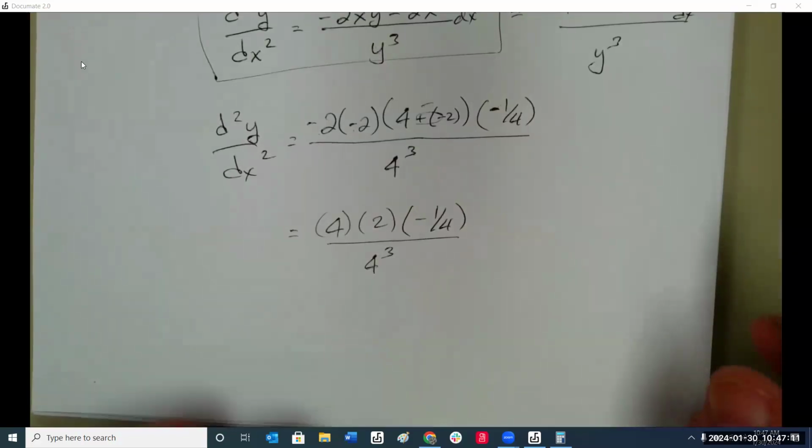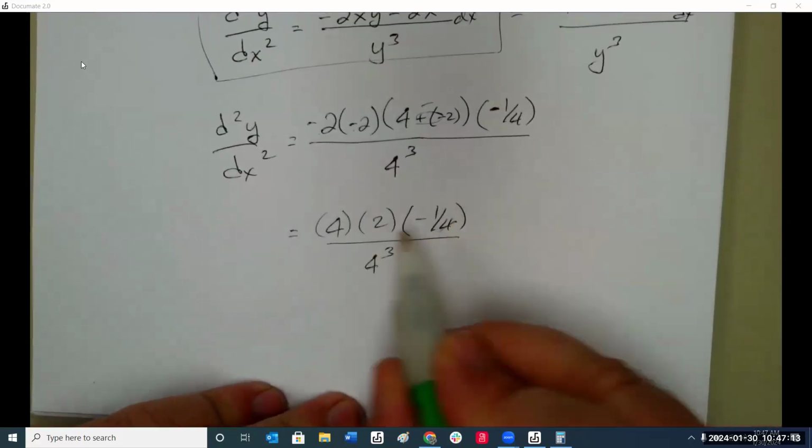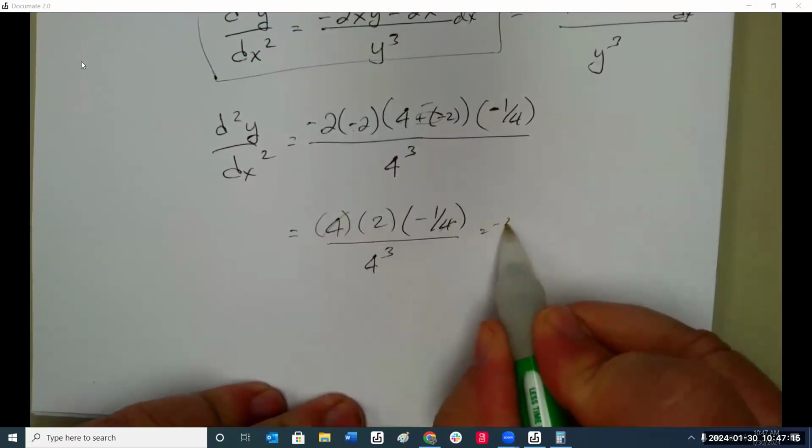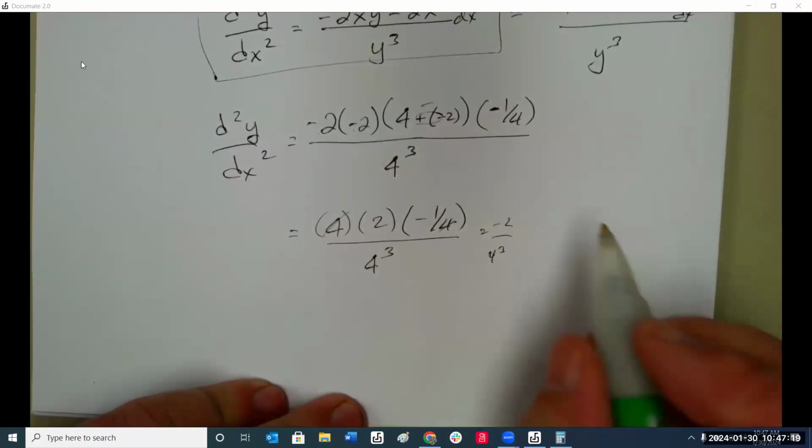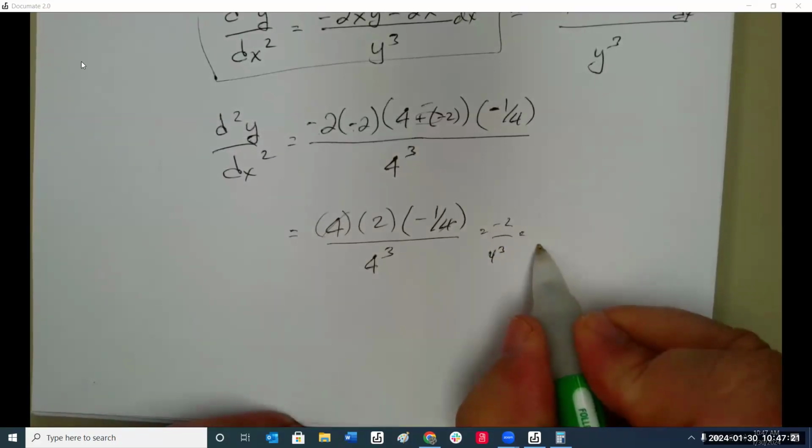Well, that gave us the same value, because here the 4 will cancel, giving us negative 2 over 4 to the third. I think we put minus over.